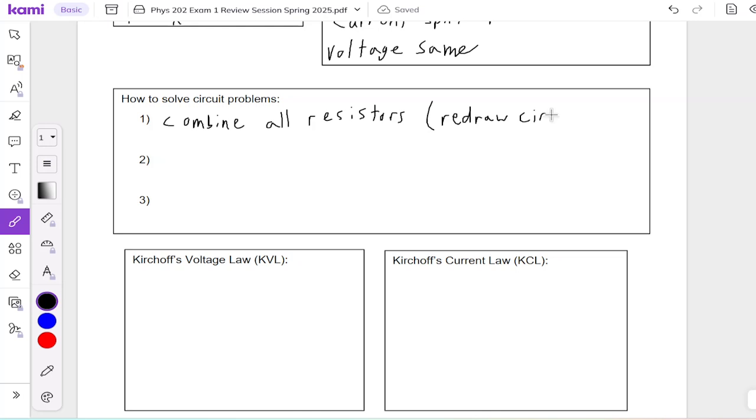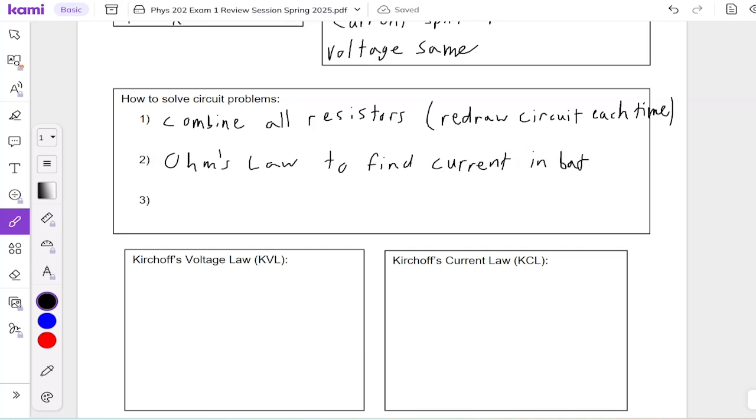Here's some advice. Redraw the circuit each time. Step 2, this is going to be Ohm's law. This is after you combined all the resistors. You use Ohm's law to find the current in the battery.